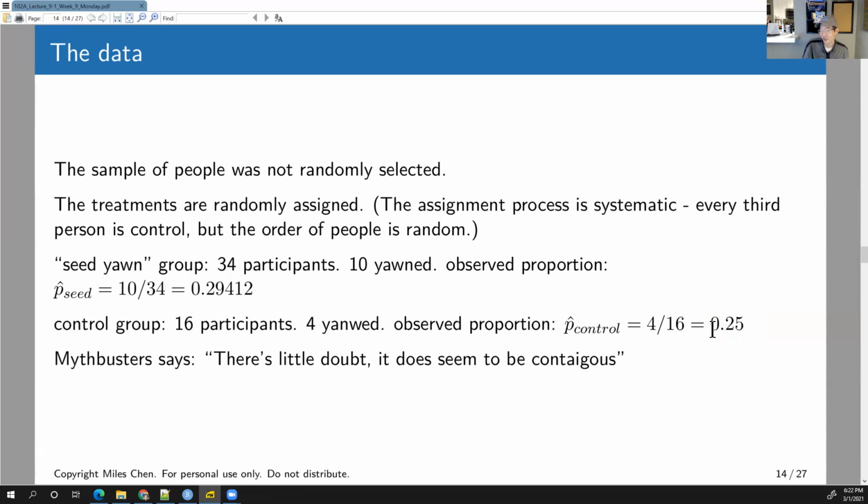The narrator says there's little doubt it does seem to be contagious, that seeing somebody yawn is the reason why these people were more likely to yawn than these people. And that's pretty much the premise of the video. It's more fun than my description here, but that's what happened.